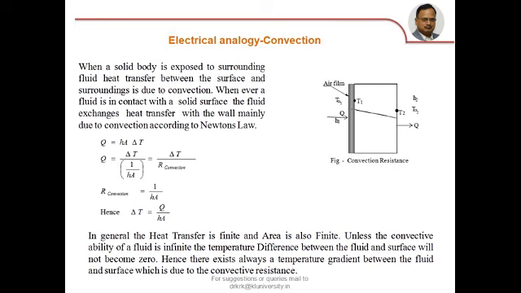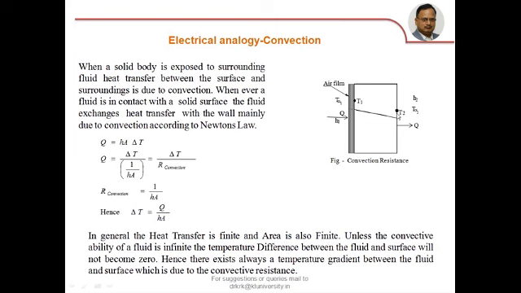Now, so far, we have seen the conduction resistances offered for heat transfer. Similar to the conduction resistance, you have convection resistance also. For example, consider a wall like this or a plate. The surface temperature of the plate is T1 and other side surface temperature is T2.